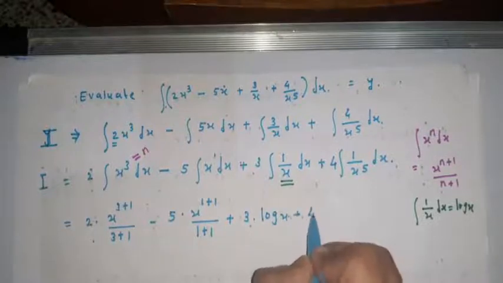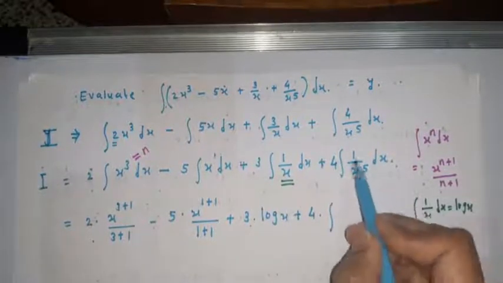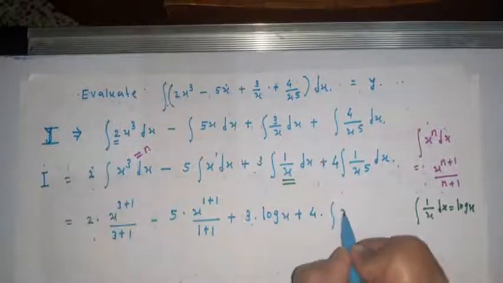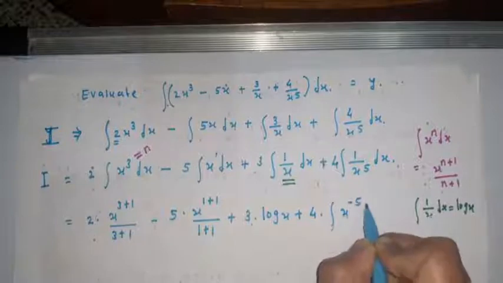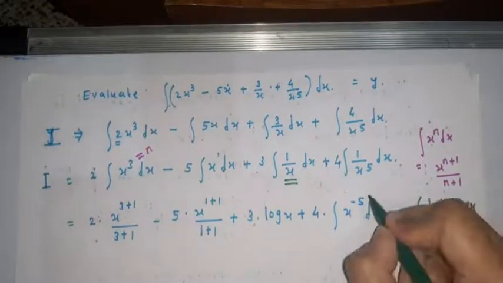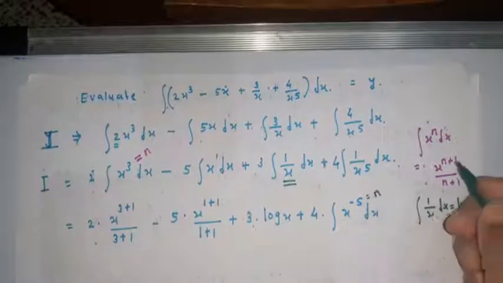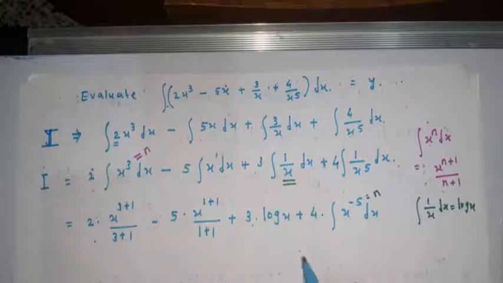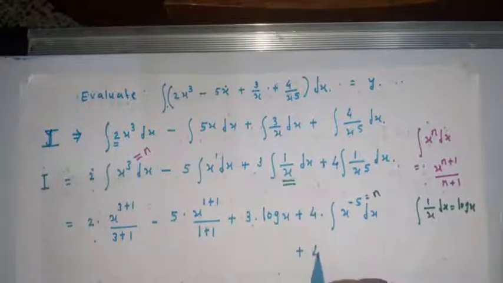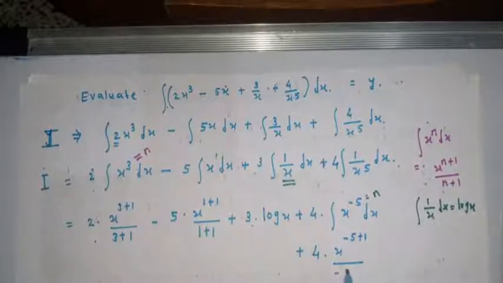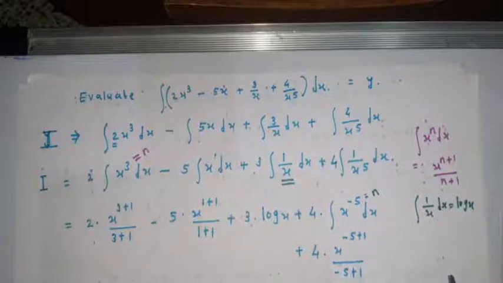plus 4 as a constant, and the integration of 1 upon x raised to 5 means x raised to minus 5 with respect to x. But students, again by using the x raised to n plus 1 formula, the value of n is minus 5, and that is plus 4 into x raised to minus 5 plus 1 upon minus 5 plus 1.